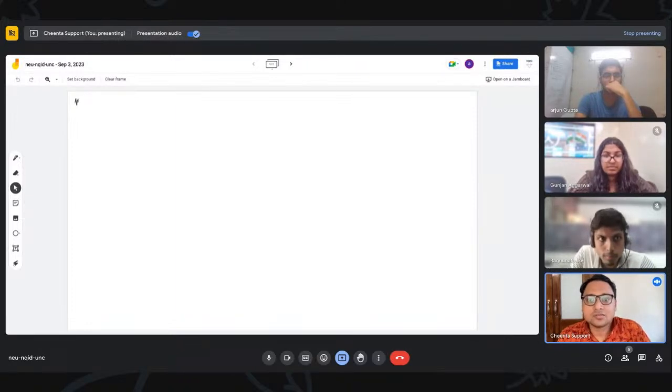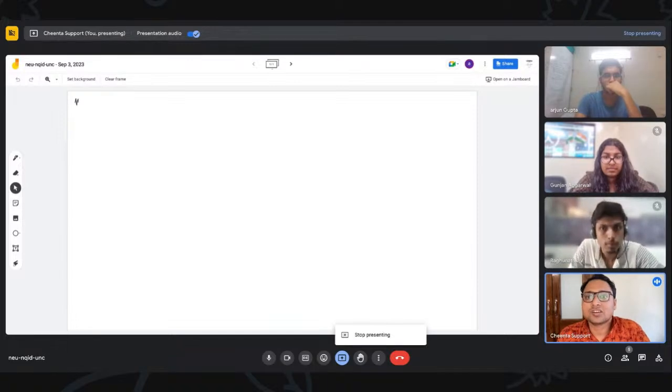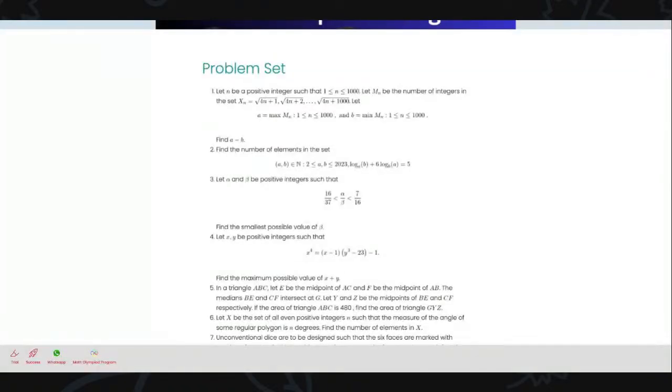Let me shift the screen. I'll just share this particular tab. So I think the question paper is now visible and everyone can see it. I'll wait a little bit for others to try the paper and then we will start solving the papers together.